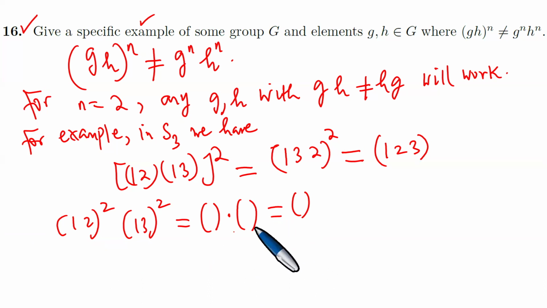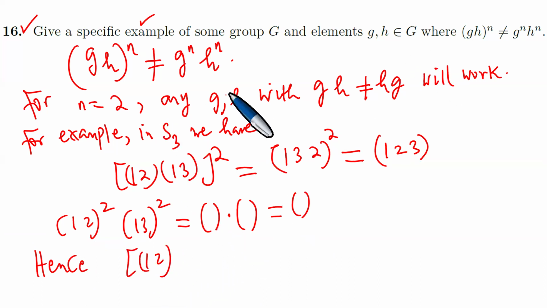So, which means therefore this is that. And hence it is clear that if you have 1, 2 as our G, for S3 we have that.